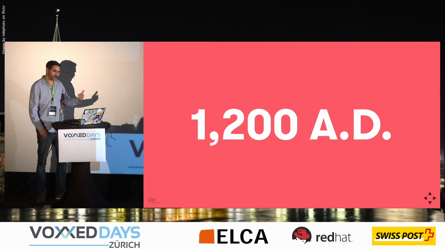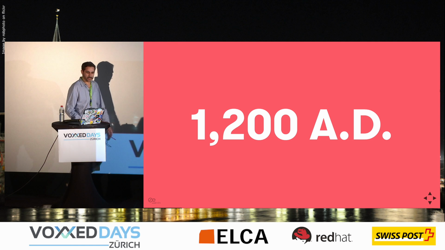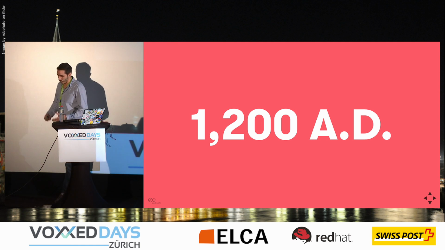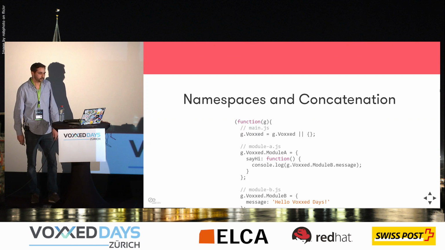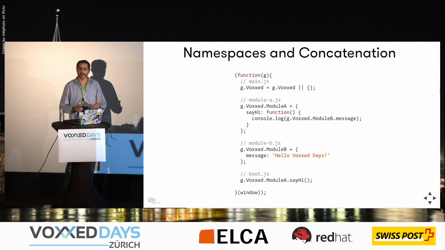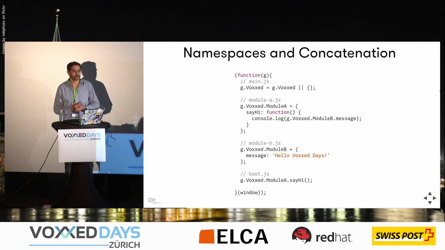Okay, so now we moved quite a bit on, let's say the medieval of module loading or structuring our applications. And we came up with these kind of approaches, right? So we are creating namespaces in JavaScript on the window object, and then we fragment these namespaces. So we have sub-namespaces, and we're adding our modules to these namespaces on the go.